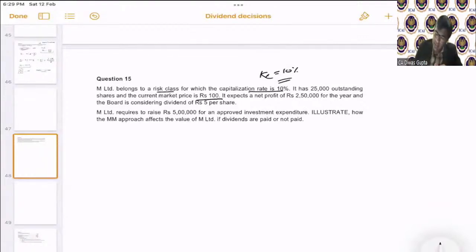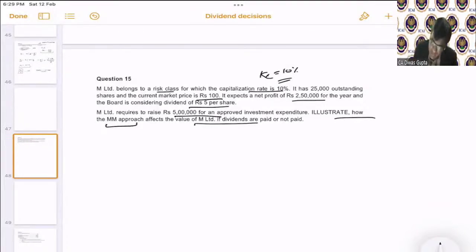It expects a net profit of 250,000 for the year and the board is considering a dividend of 5 rupees per share. And lastly, M Limited also needs an investment of rupees 5 lakh for an approved investment expenditure. Illustrate how the Modigliani-Miller approach, which is the irrelevance theory that we have studied, affects the value of M Limited.